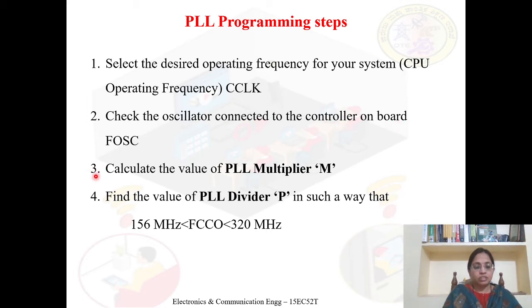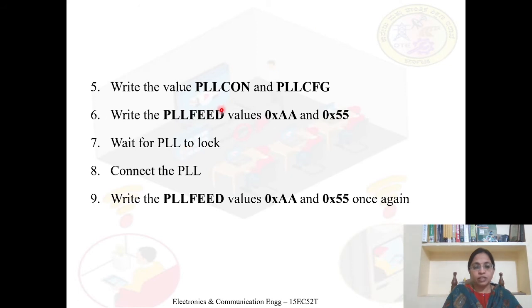The third step is to calculate the M value, the multiplier value, and the P value. After calculating the M value and the P value, they must be stored in the PLL configuration register.